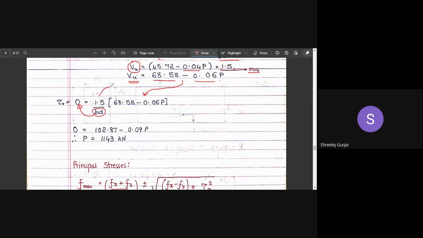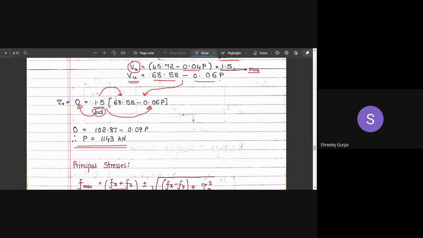So 1.5 into 68.58 and 1.5 into 0.06 P, so this equation becomes 102.87 minus 0.09 P equal to 0. So P will be equal to 102.87 divided by 0.09, that is P is equal to 1143 kilonewton.